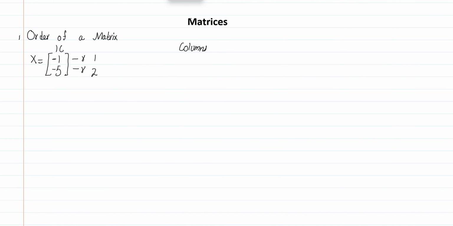Okay, columns are vertical lines, and rows mean horizontal lines. Vertical line means, yeah, the vertical part of the matrix is considered as columns, and the horizontal part of a matrix is considered as rows.